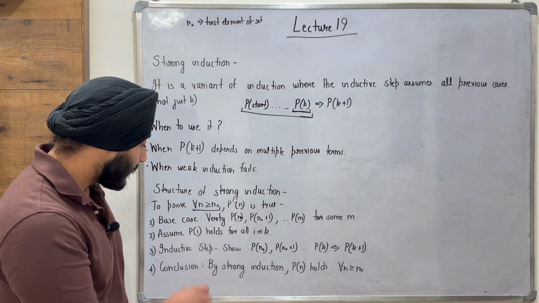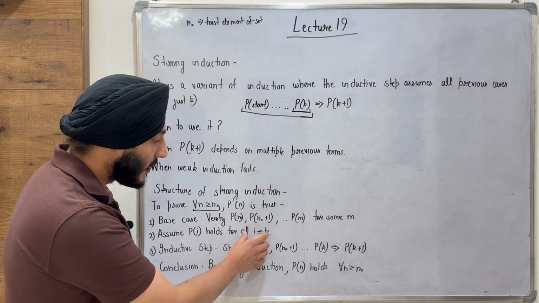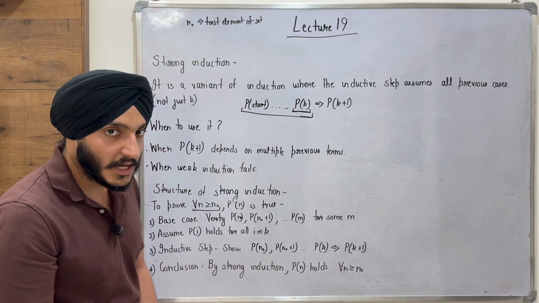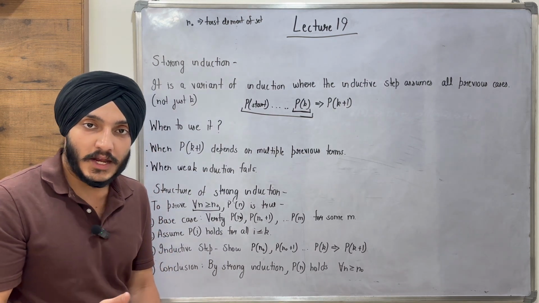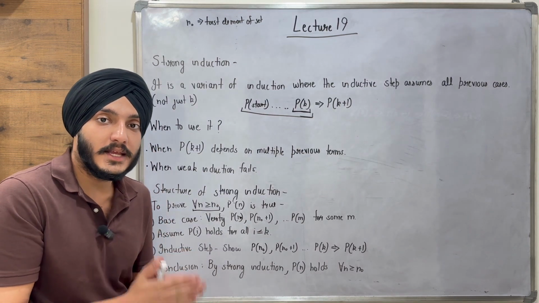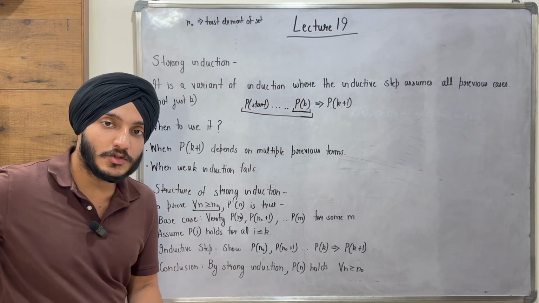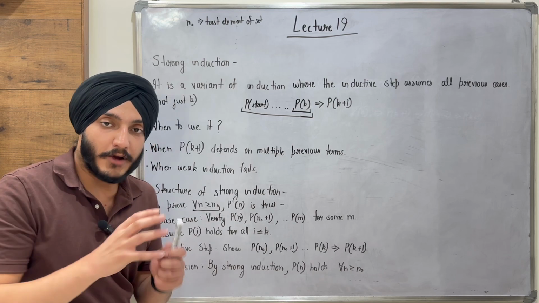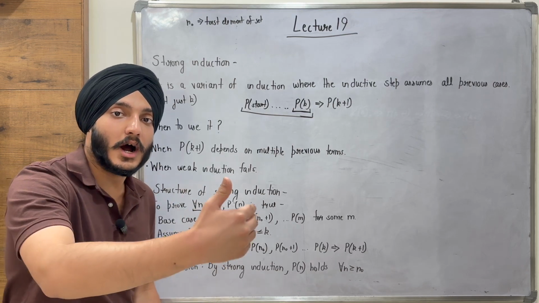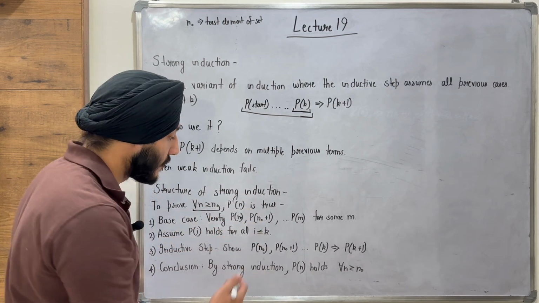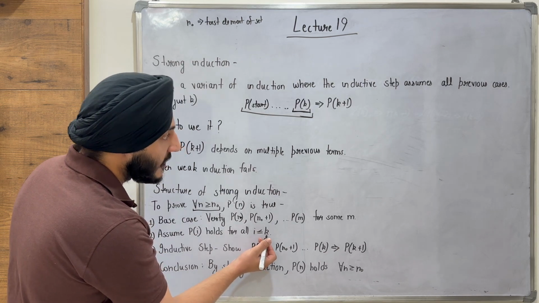The second one is, assume P(i) holds for all i less than or equal to k. Just like I said, in weak induction, I was just assuming that P(k) is true, right? That was my only assumption. But in this case, I'm assuming that the predicate is true for all the values up to and including k, right? So P(i), i less than or equal to k.